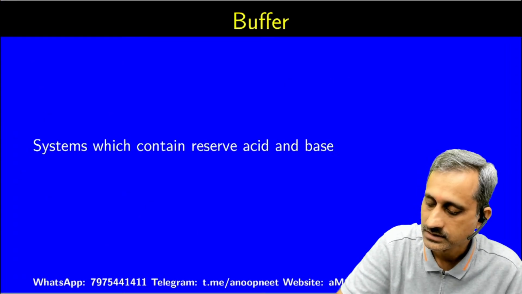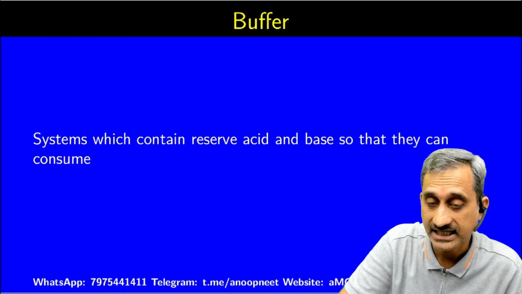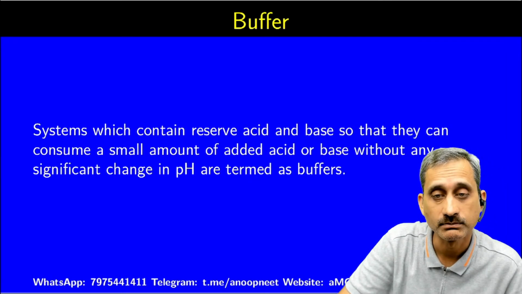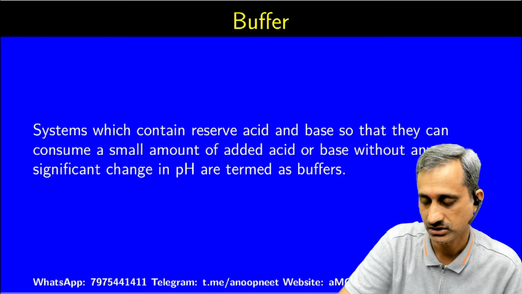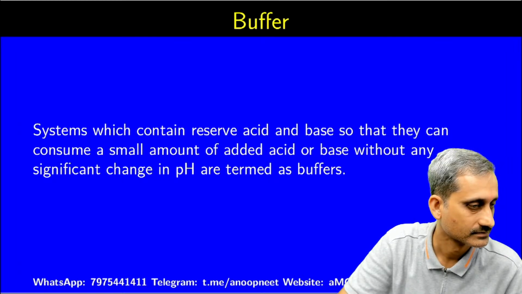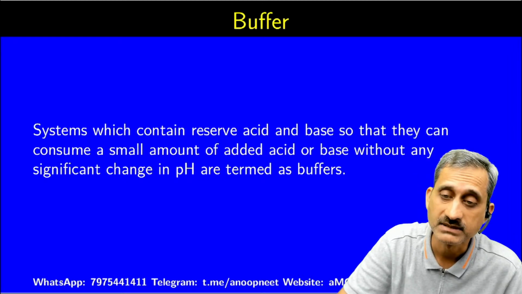Okay. The system which contains reserve acid and base so that they can consume a small amount of added acid or base without any significant change in pH are termed as buffers. Okay? हमारे पास acidic buffer होते हैं, हमारे पास basic buffer होते हैं.